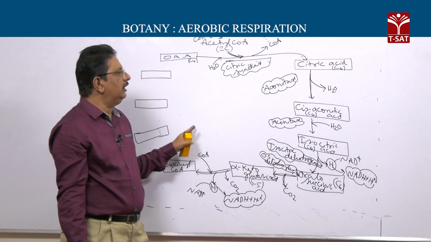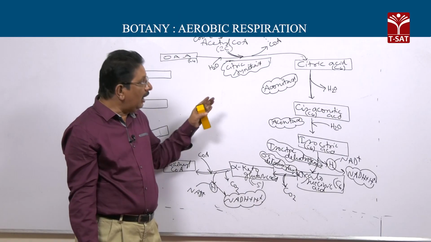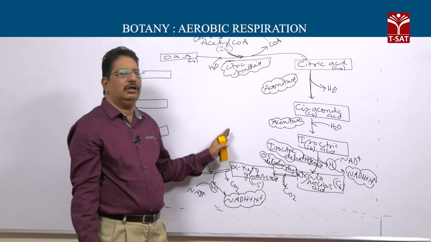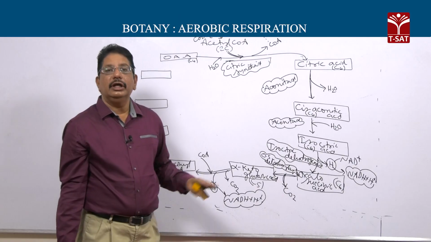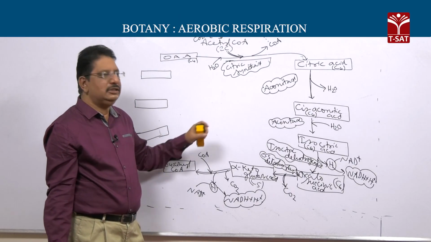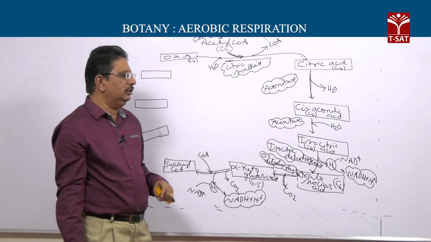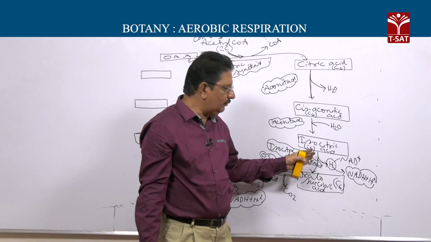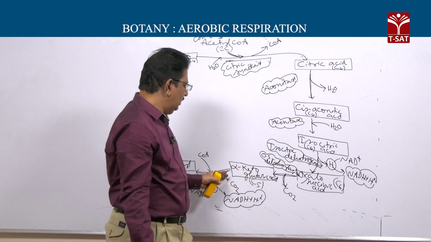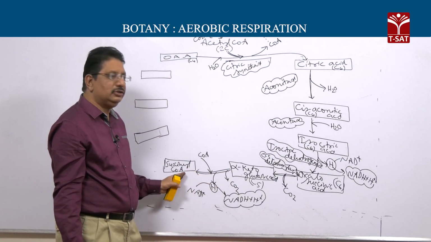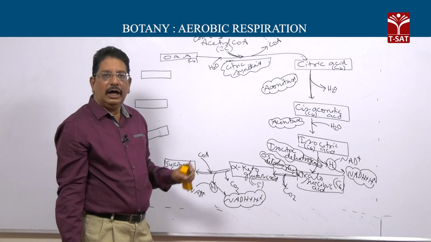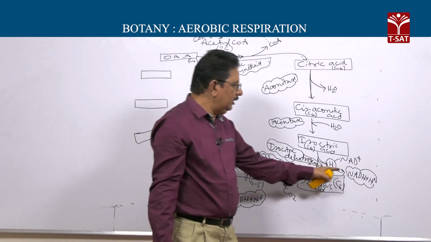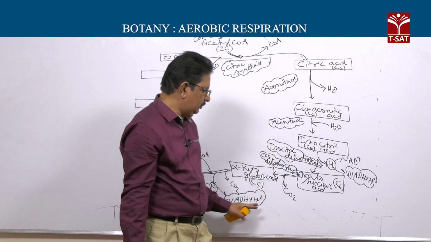we witnessed generation of ATP directly. After that, neither in the link reaction nor in the first part of the Krebs cycle is there ATP generation, but the energy of glucose is removed in the form of electrons at the link reaction once, during conversion of isocitric acid into alpha-ketoglutaric acid, and during conversion of alpha-ketoglutaric acid to succinyl coenzyme A. So those high energetic electrons of glucose are trapped and stored in NADH plus H plus.